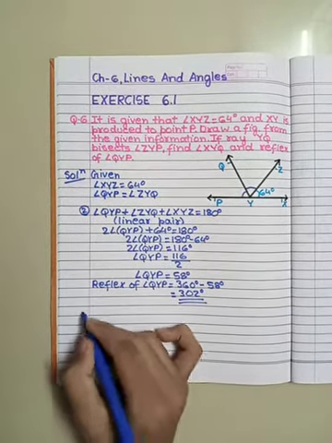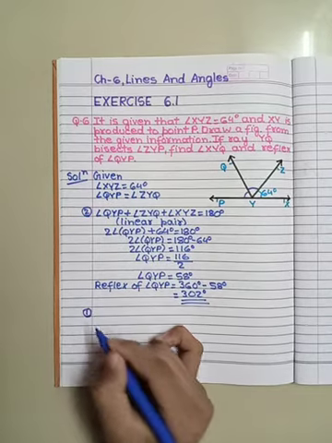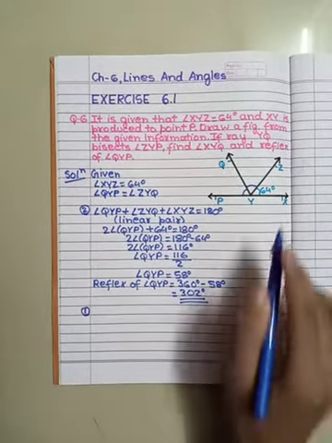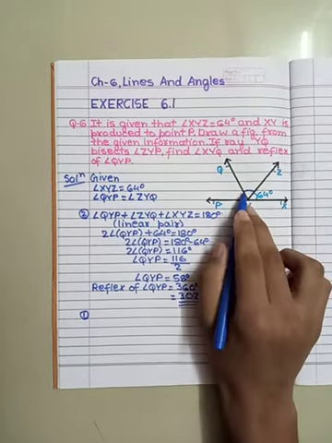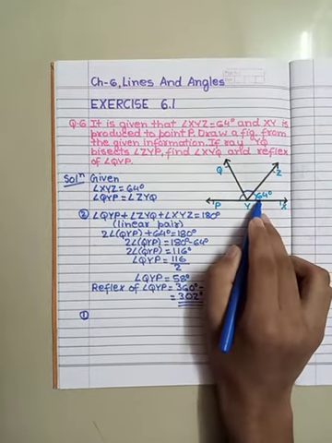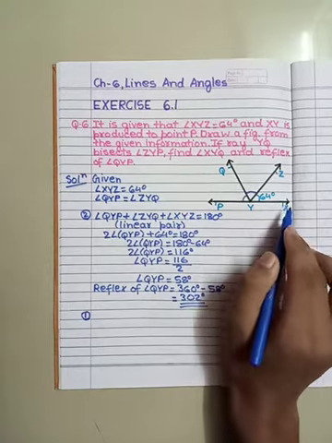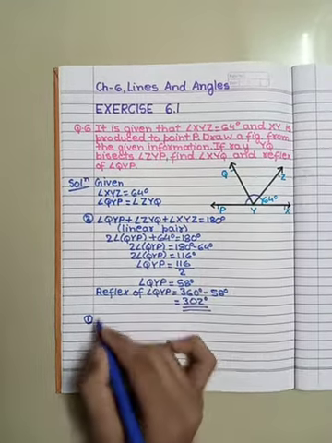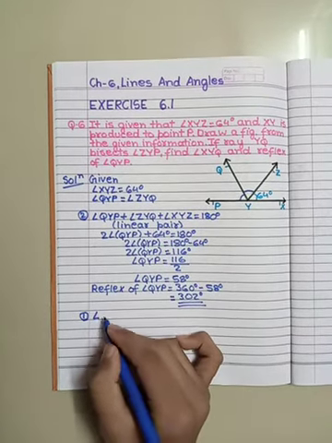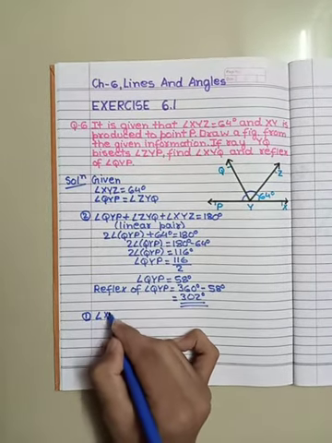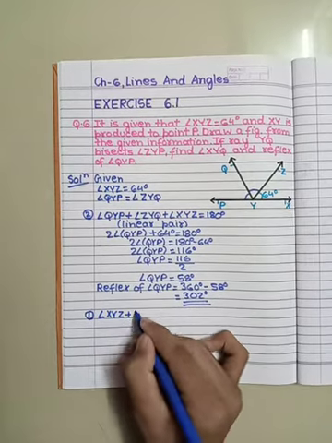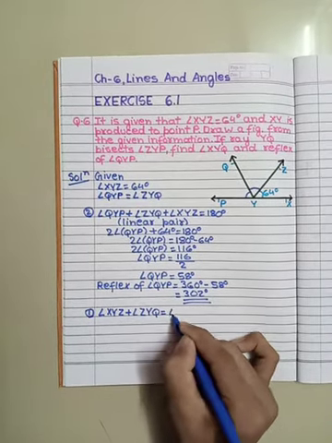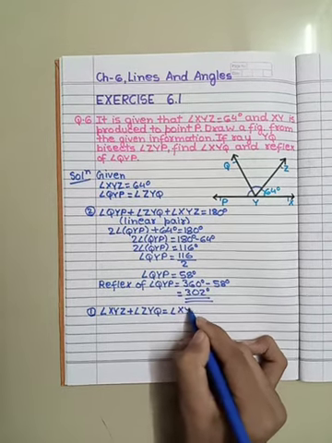Now moving on to the first part, to find what is angle XYQ. So here is angle XYQ. We have to find this complete angle. So XYQ is made up of two angles, that is angle XYZ and ZYQ. So let's write that angle XYZ plus angle ZYQ is equal to angle XYQ.